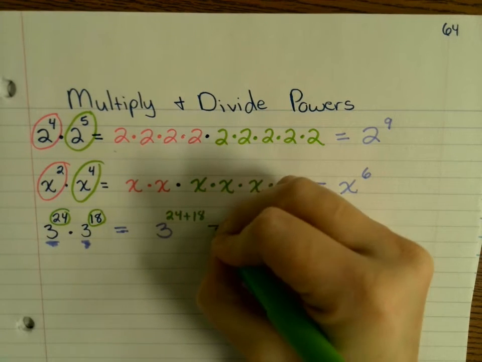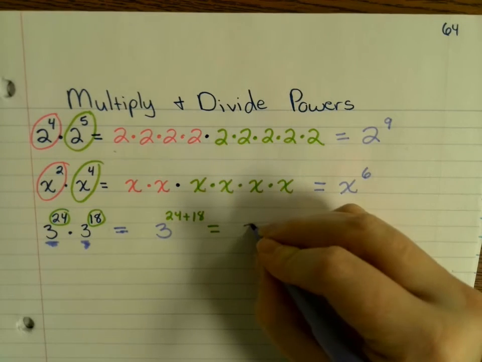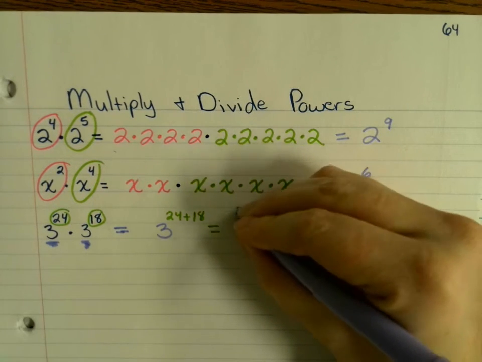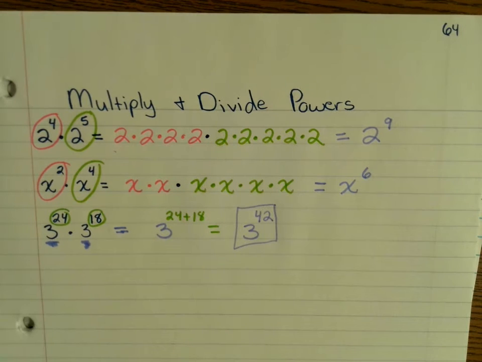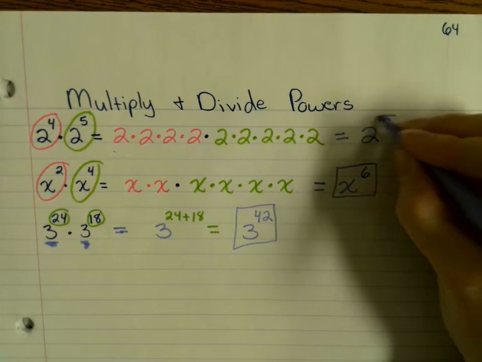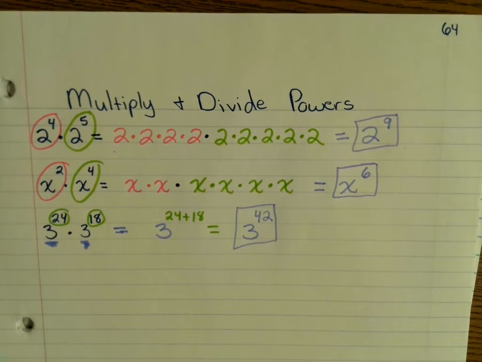And then that will give me 3 to the 42nd power. Again, I don't want to sit there and write out all of those 3's when I can just simply follow a rule that states that I need to keep the base, add the exponents.